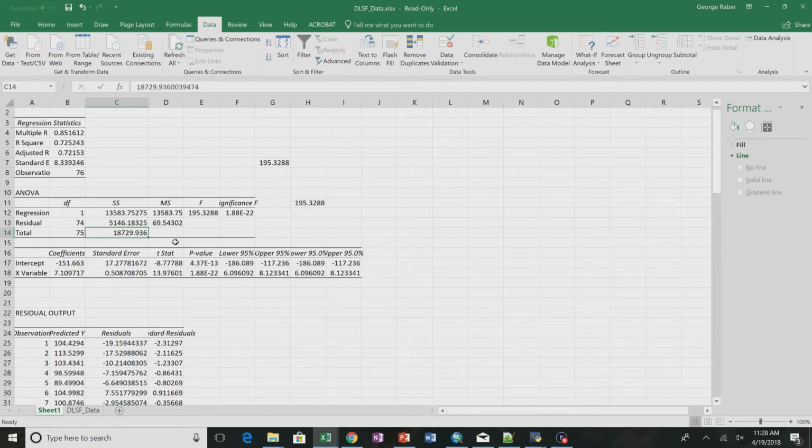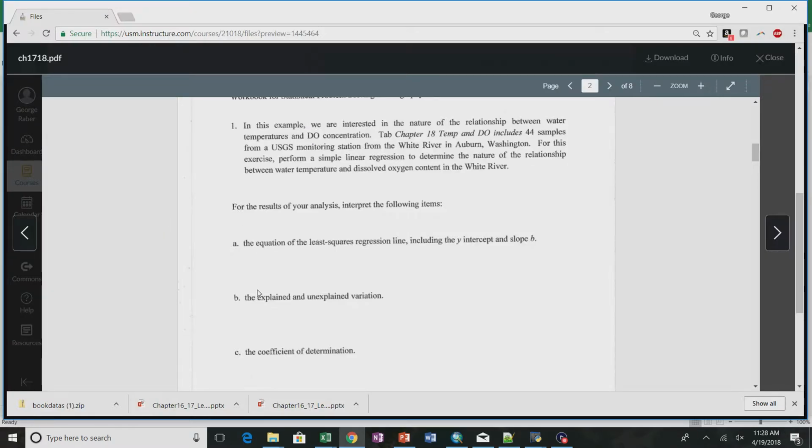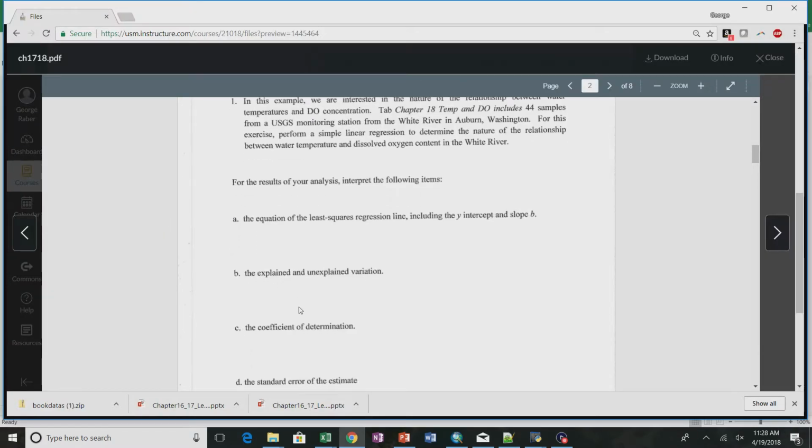That's the total variance. Yep. So which one of these two is unexplained and which one's explained? Regression is explained and residual is unexplained. That's right. Another way to think about the residual is the errors, the differences. So these are the unexplained variance. This is the explained variance. Okay. So that's the explained and the unexplained variation.